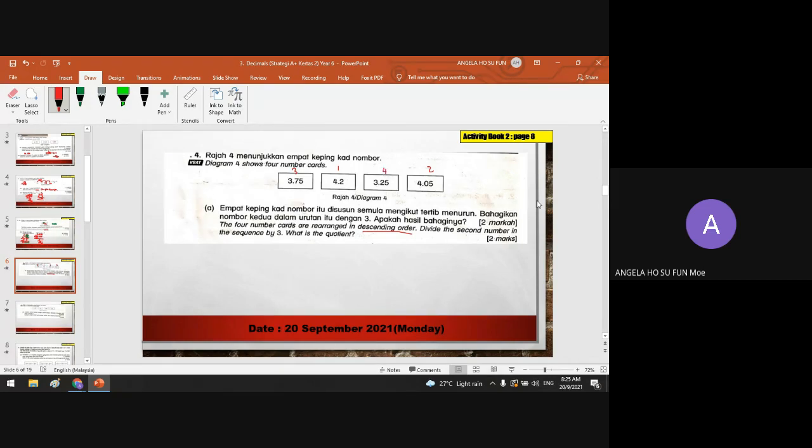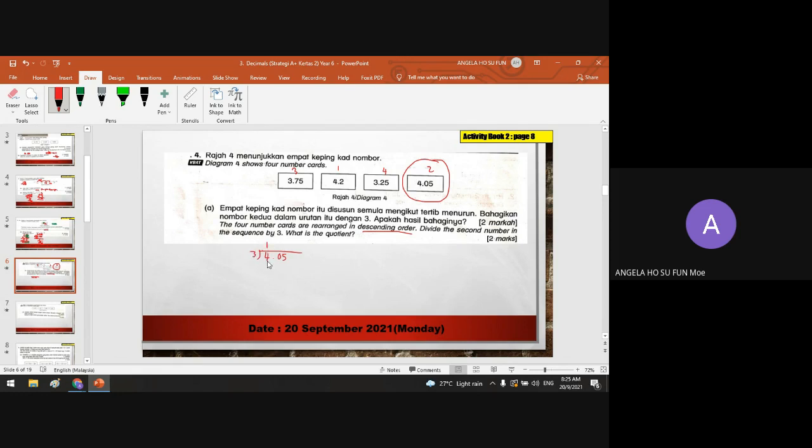If you rewrite it back, which one is the second number? This is the second number. They ask you to divide the second number by 3. So what you do is write down the second number. This is 4.05 divided by 3.